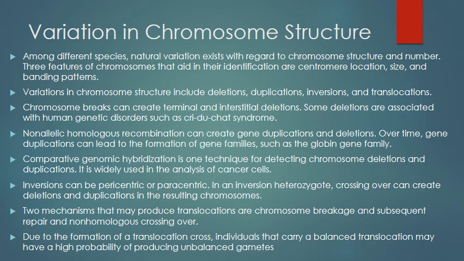Two mechanisms that may produce translocation are chromosome breakage and subsequent repair, and non-homologous crossing over. Individuals that carry a balanced translocation may have a high probability of producing unbalanced gametes.